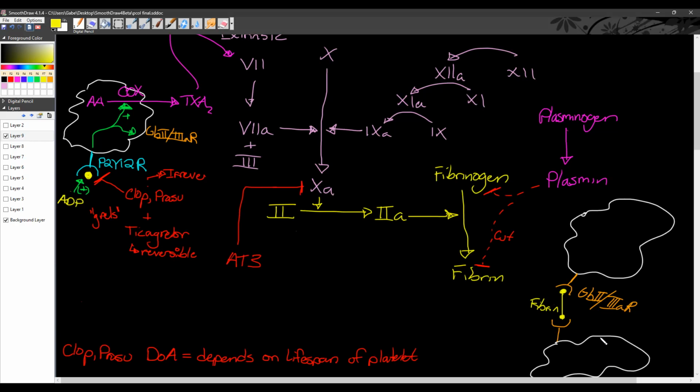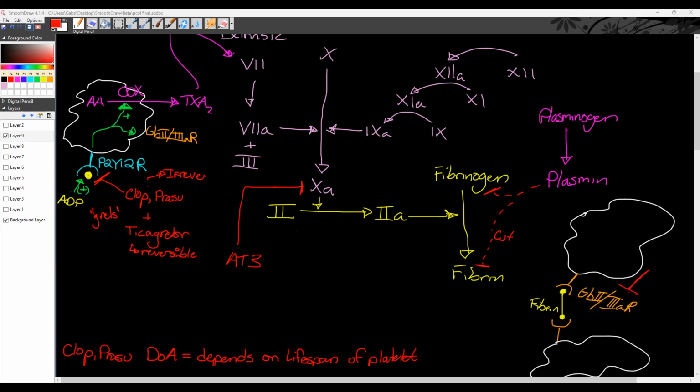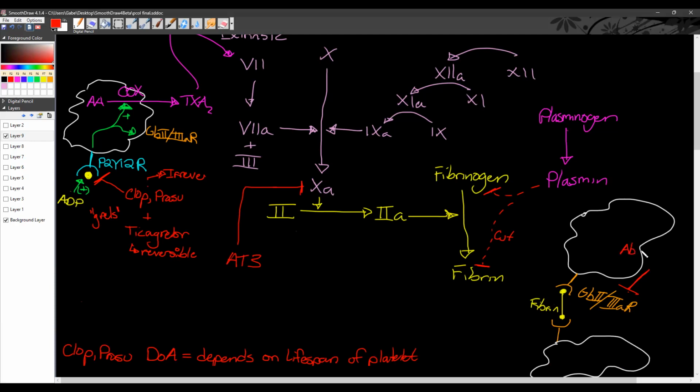What is the name of the drugs that inhibit this receptor? Which drugs are anti-GB2-3A? Right. Abciximab, tirofiban and eptifibatide.